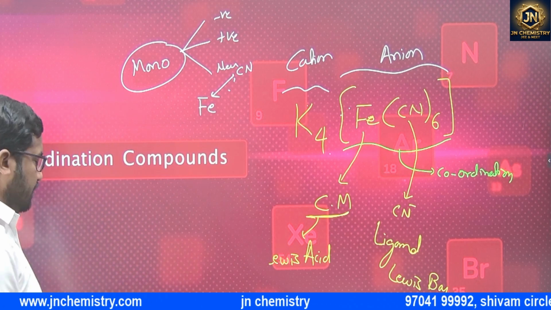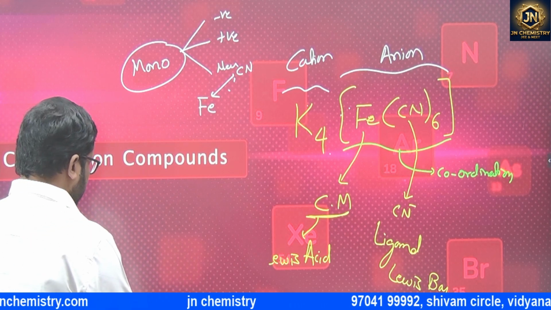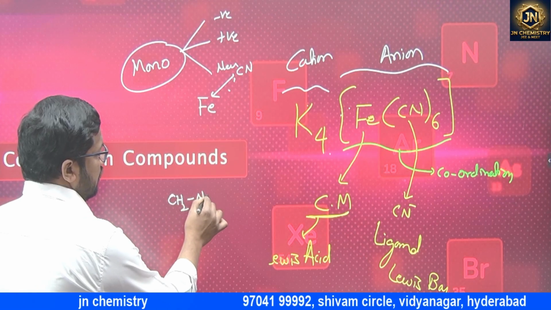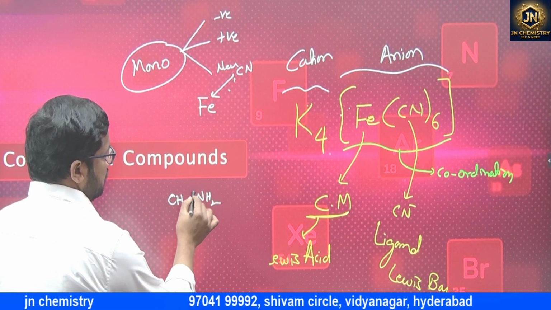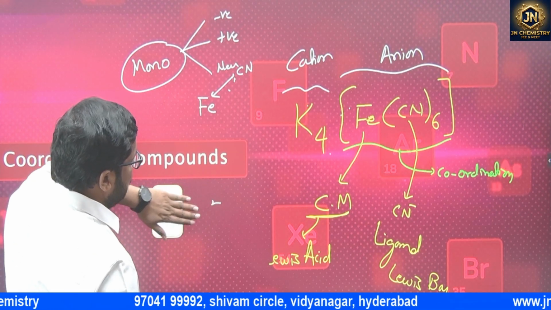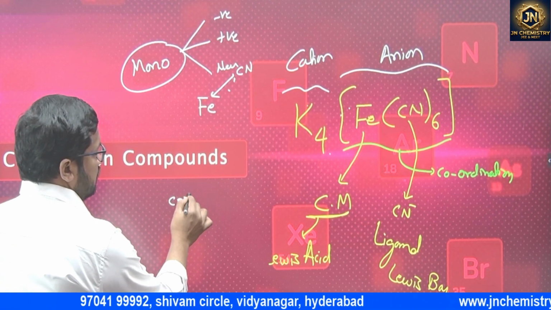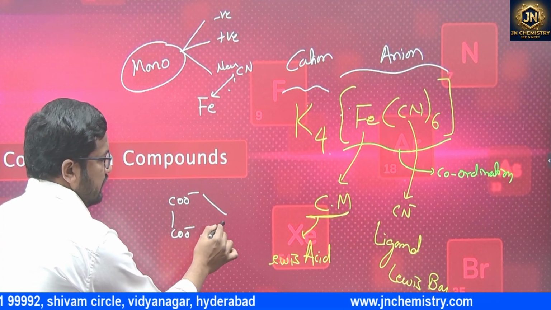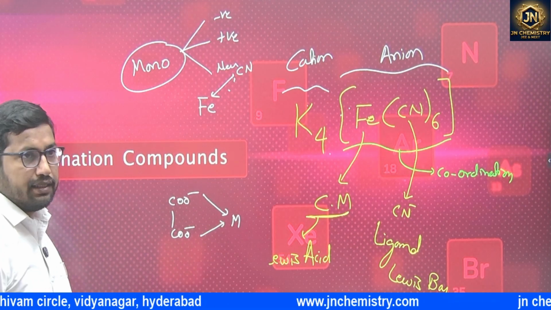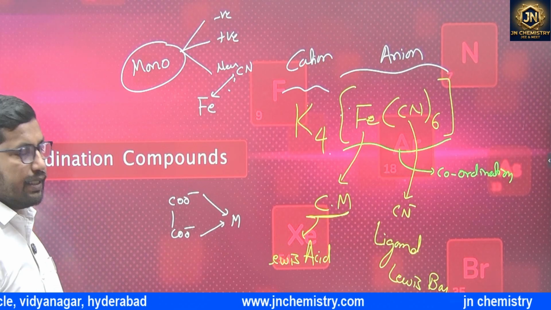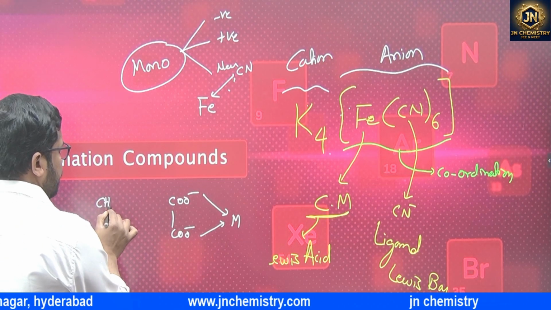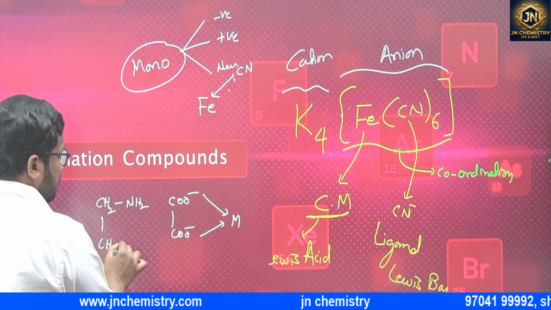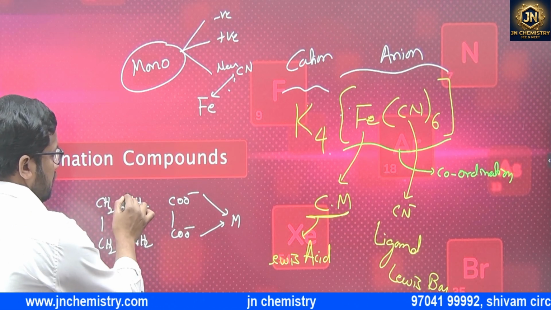Two lone pairs donating. For example, ethylenediamine, CH2 NH2, or oxalate, COO minus, COO minus, donating to the metal. Tridentate means 3, for example, CH3, CH2, NH2, CH2, NH2.